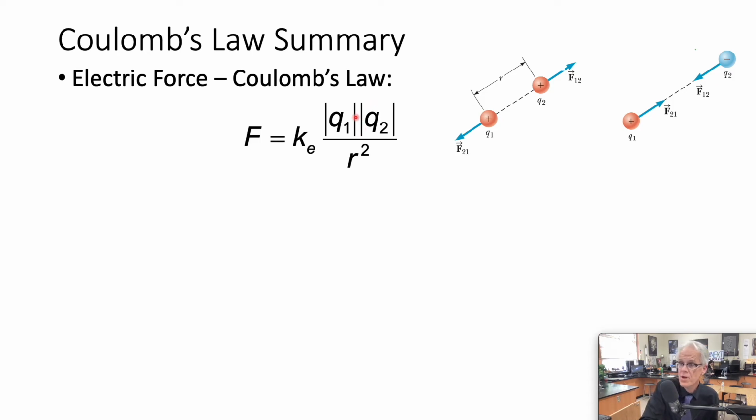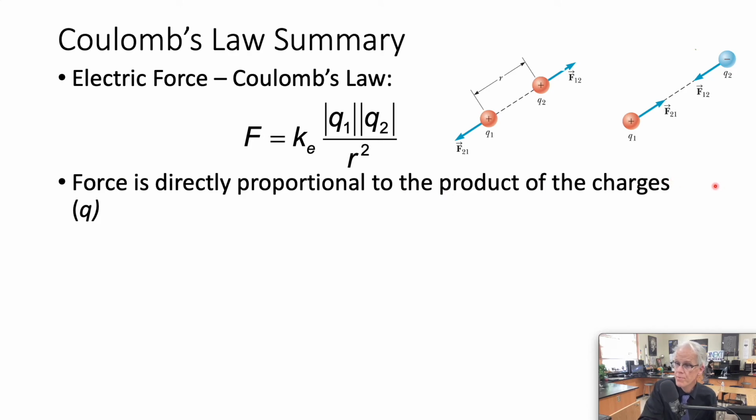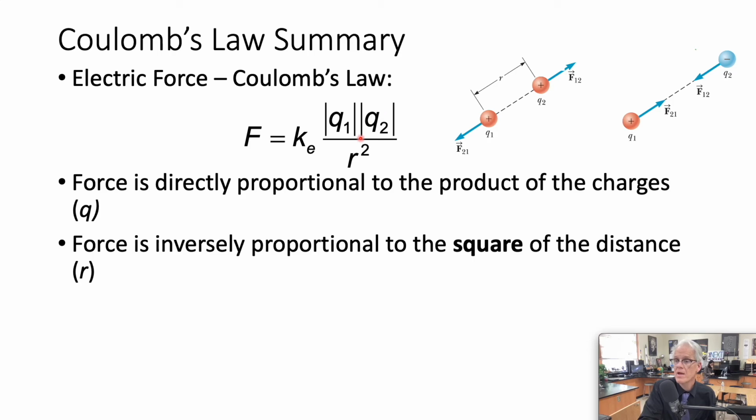Let's summarize what we know. First, Coulomb's law tells us what the force is between two charges in relationship to their distance. Force is directly proportional to the product of the charges. Force is inversely proportional to the square of the distance between those two charges.